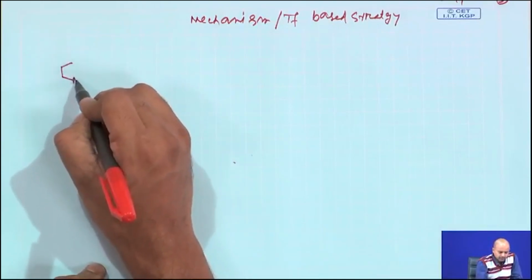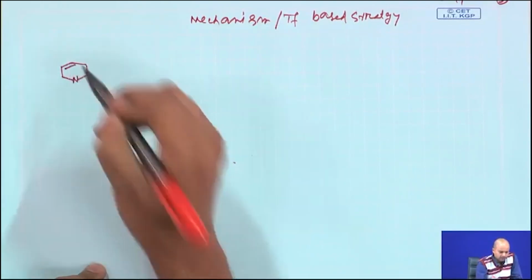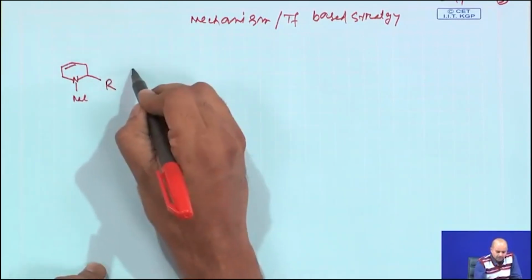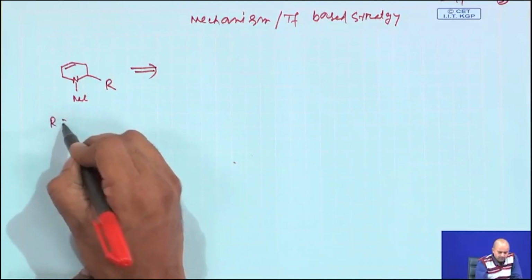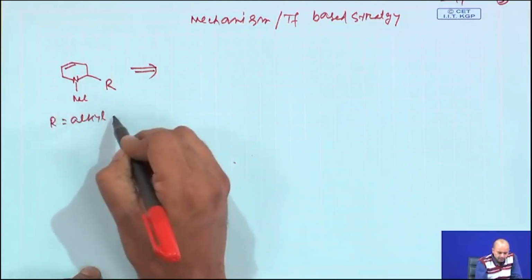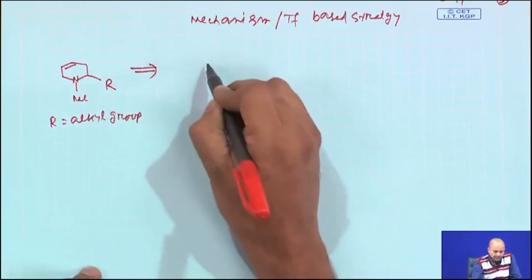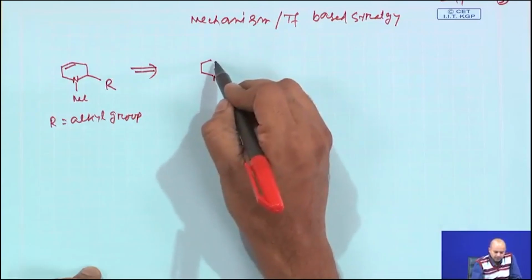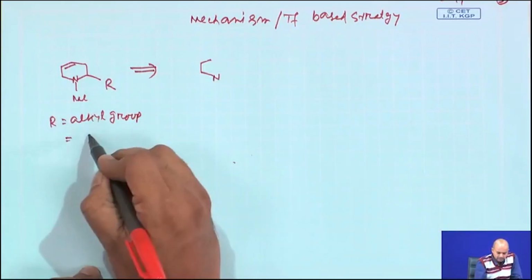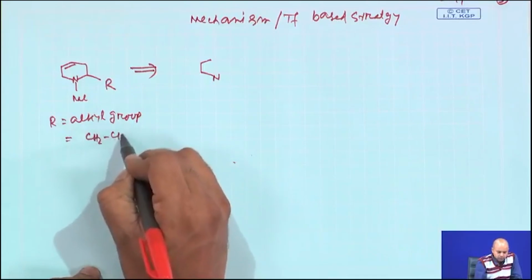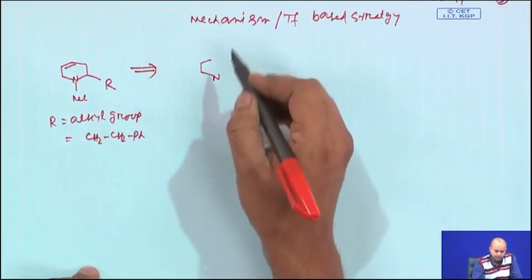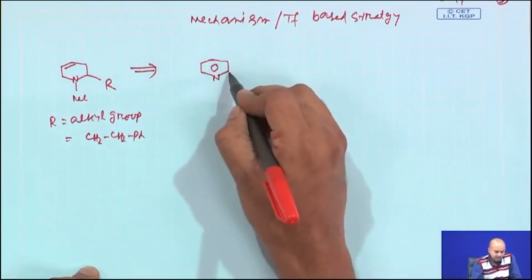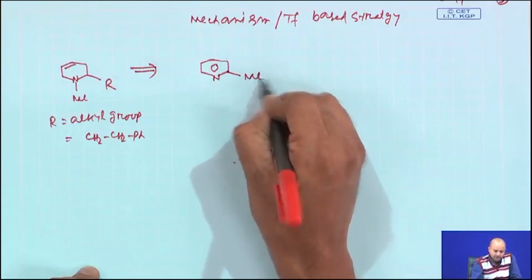We say the target molecule is something like this, where R could be any alkyl group, and now I am saying the starting material, let us say R is here a benzyl group, CH2Ph, just for a case study, and then I am saying your initial starting material is 2-methyl pyridine.